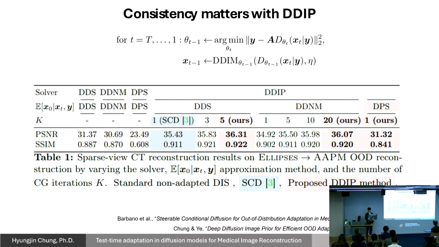The difference is that in SCD, the work used a different D_theta of t for the network parameter update step and the reverse diffusion sampling step. We found that that's not a good idea. It's very important to use a consistent estimator for these two steps.